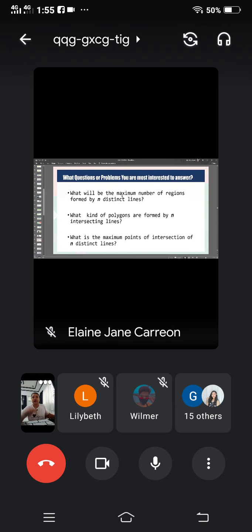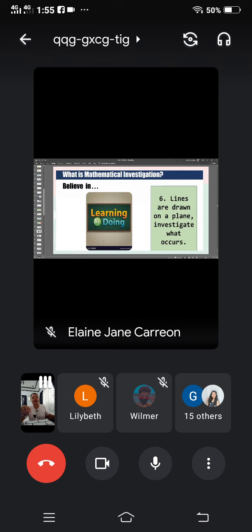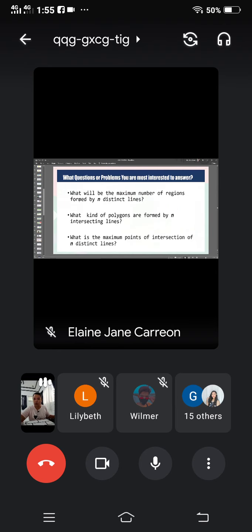Okay, so, from that situation, ito yung situation natin, di ba? Number 6 siya. Lines are drawn on a plane, investigate what occurs. So, nakabuo tayo ng tatlong tanong. What will be the maximum number of regions formed by n distinct lines? Ibig sabihin, n is the number of lines. Ilan daw yung maximum number of regions na nabuo out of dun sa pagdodrawing nyo ng line.